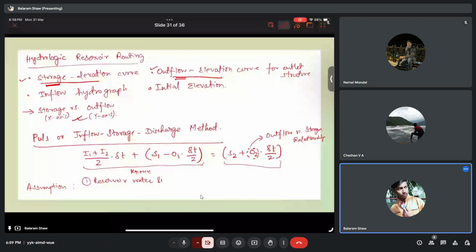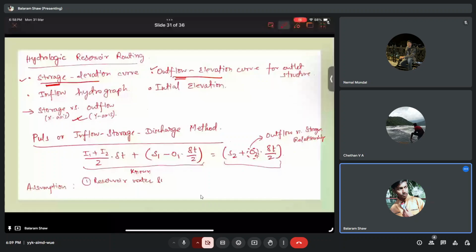Next, it considers that outflow is a unique function of storage volume, and that's how we get the relationship of outflow and storage volume, right? And it also considers that outflow rate varies linearly with time. So from these assumptions only you can see what the limitations of this method are.